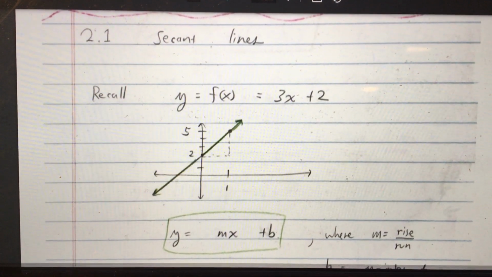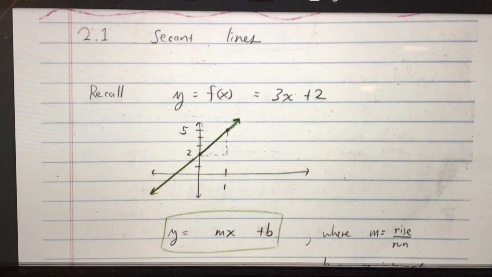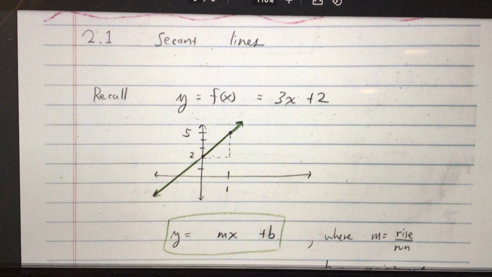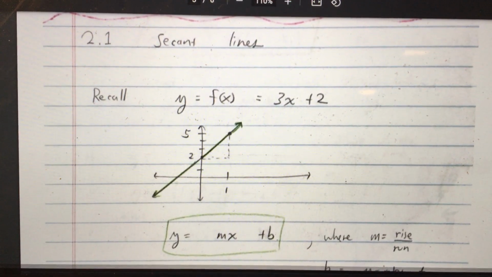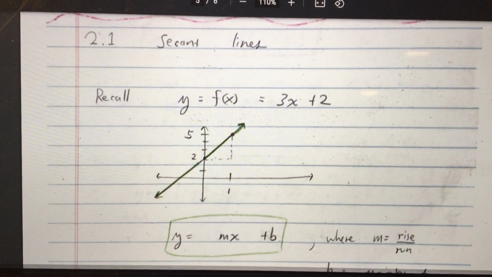The format in letters is y equals mx plus b. And here m is the slope. That tells you how steep it is. If it's a positive number, that means it's going up from left to right. Negative numbers will go down from left to right, and bigger is steeper.